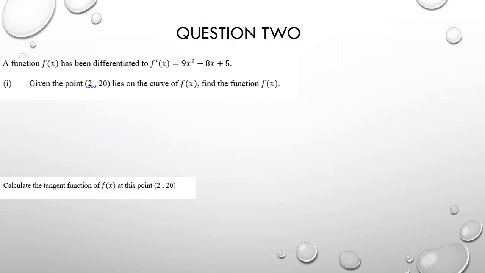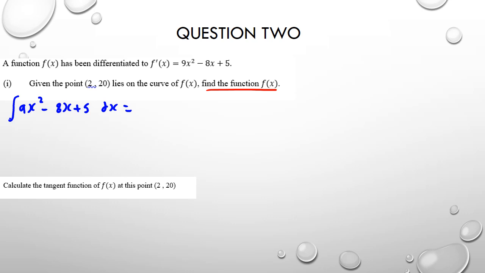Okay, question 2. This time they're giving you the differentiated function of f(x), and they're asking you to find f(x). Because the derivative is being given and you want to find f(x), you need to do the antiderivative. So I'll integrate 9x squared minus 8x plus 5 with respect to x.